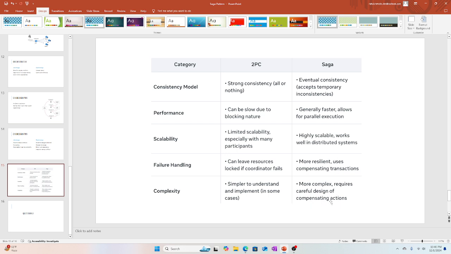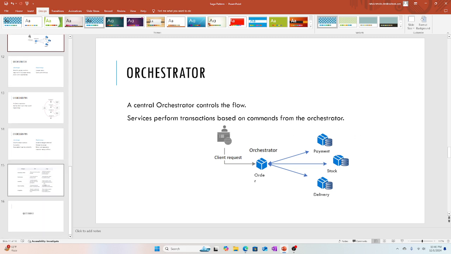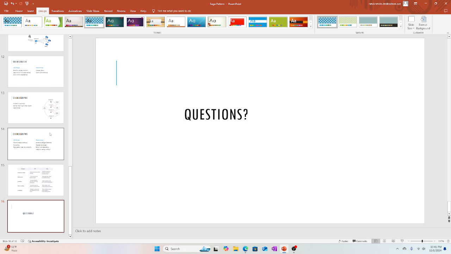The reason being the compensating transaction. A compensating transaction is something that undoes the effect of a transaction. So if this service is going to ask to revert the transaction, that means we are going to compensate the transaction there. So this is the whole idea of having a Saga pattern.